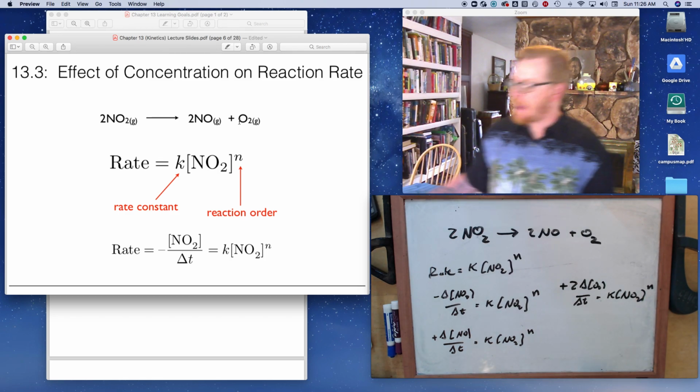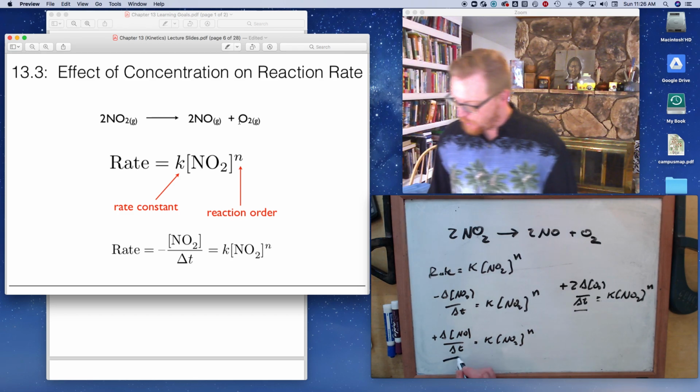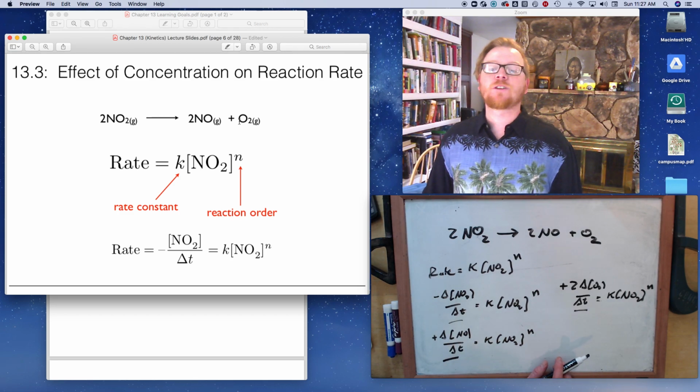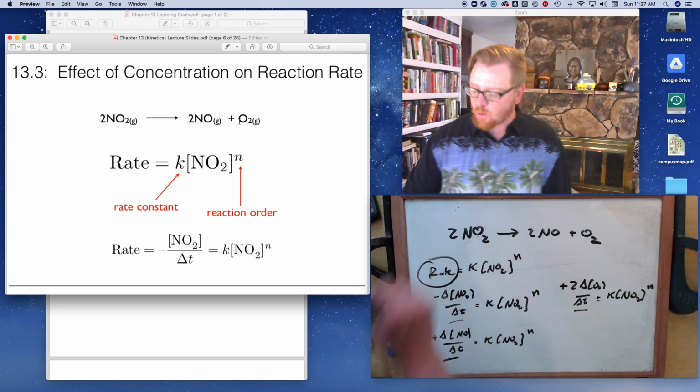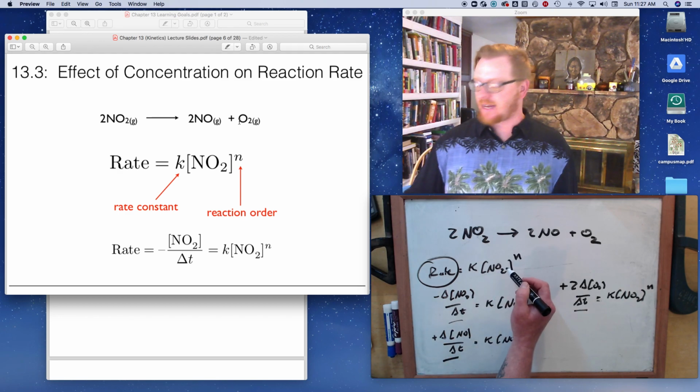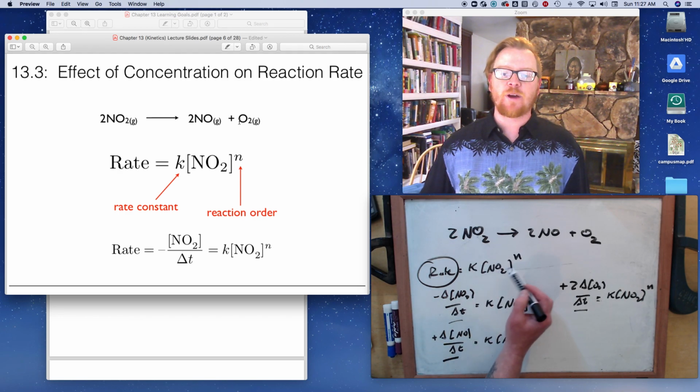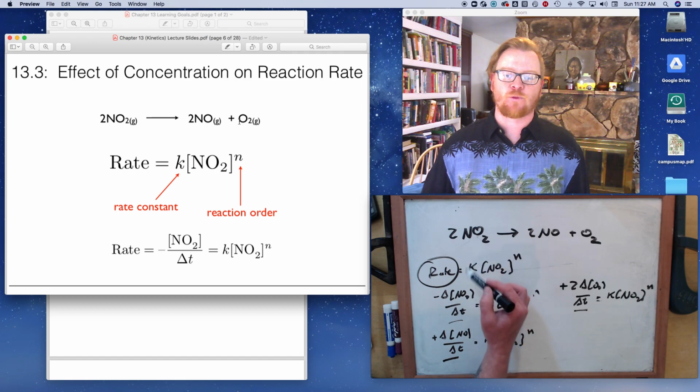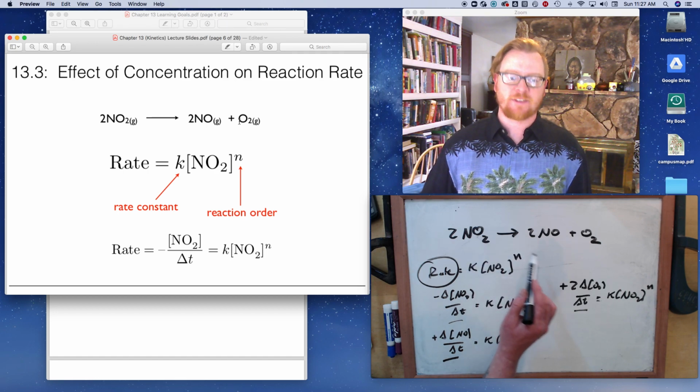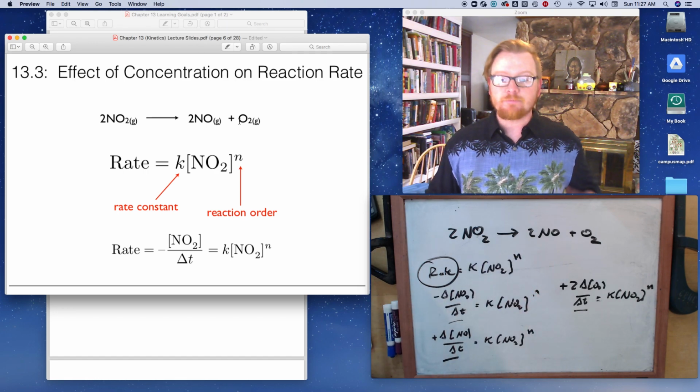All the same, no matter what rate you put on the left, they're all just a rate. So that's why we just say rate equals K times NO2 raised to the n. The real magic of this equation is the right-hand side. This is what's important.